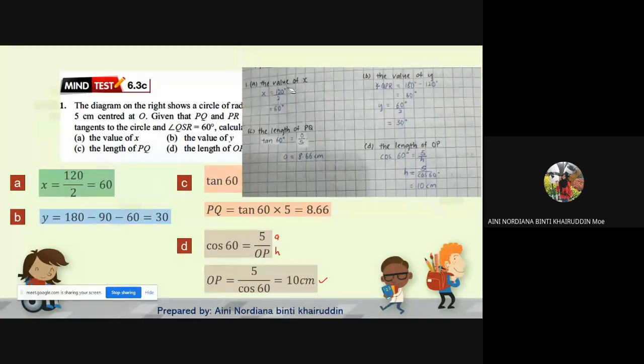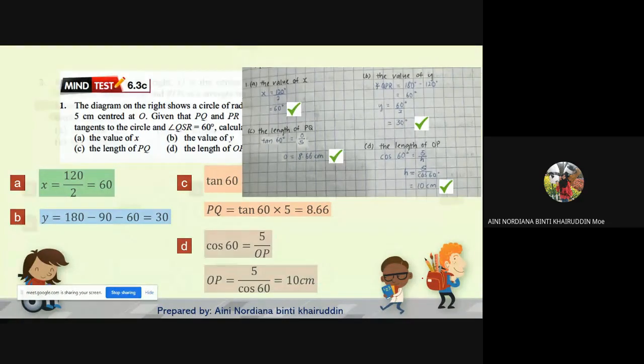So, answer for number 1, 60, correct. B, 30, correct. C, 8.66, also correct. D 10 cm. So bagus. Next class, orang lain pula yang akan hantar kerja macam ni ya.